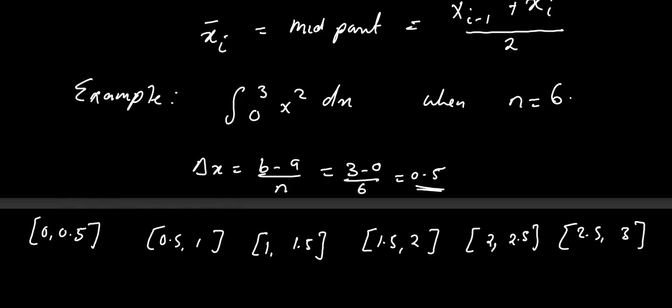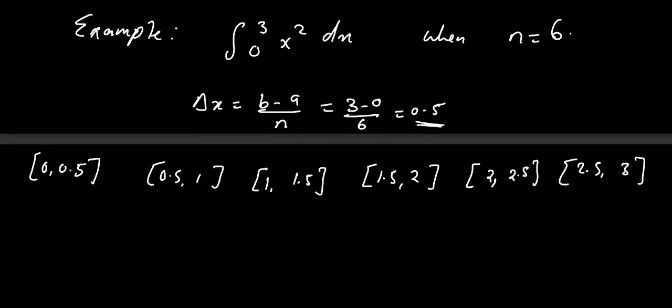Then we're going to get the x bar for each particular interval. The x bar is very simple. For this one, we just sum up 0 plus 0.5, then divide by 2. Same applies here. So we call this x bar 1, this is x bar 2, which is 0.5 plus 1 over 2.